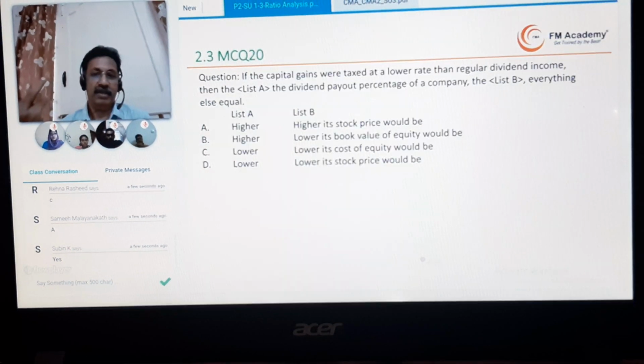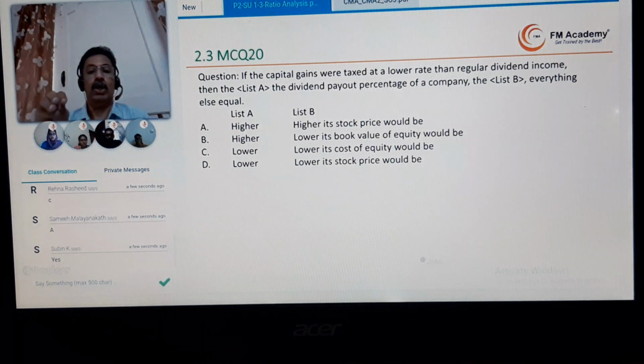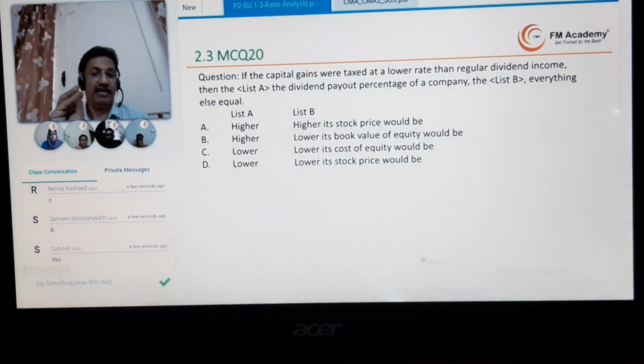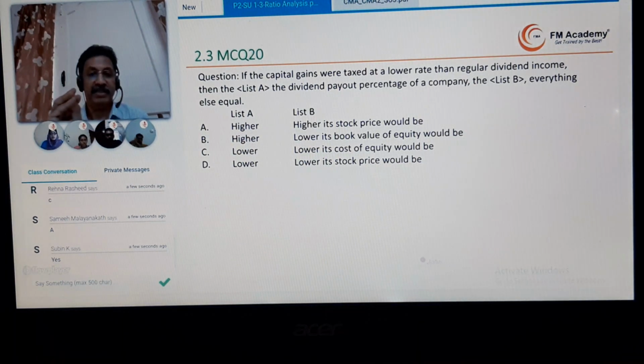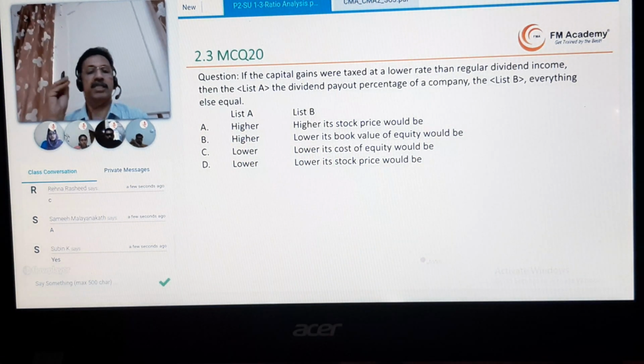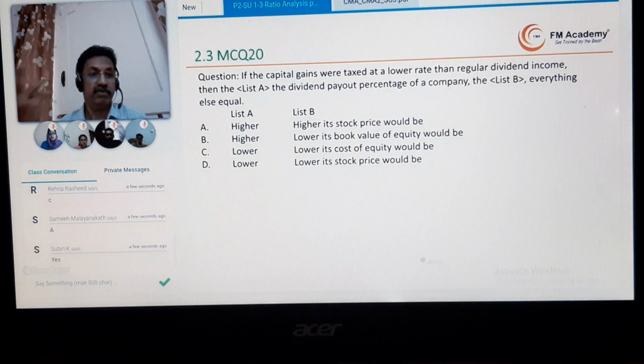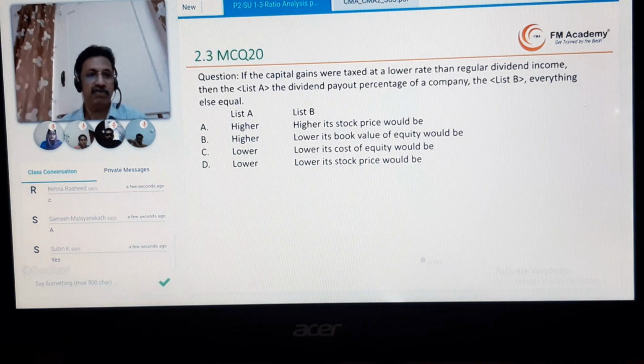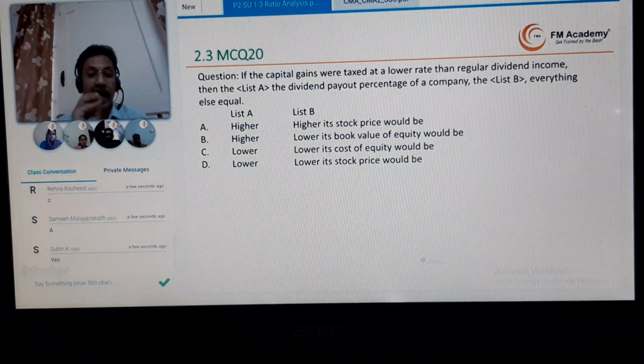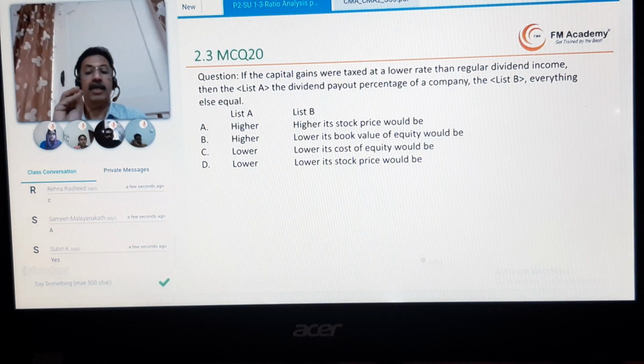Capital gain, right? So if this company is giving higher dividend, then the investors would require more return from their equity, the cost of equity, right? More return from their equity, to compensate for the taxation. So higher dividend payout means higher cost.